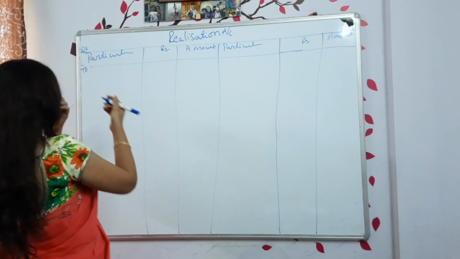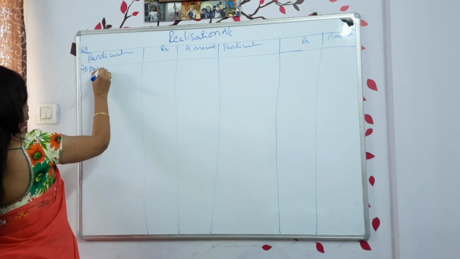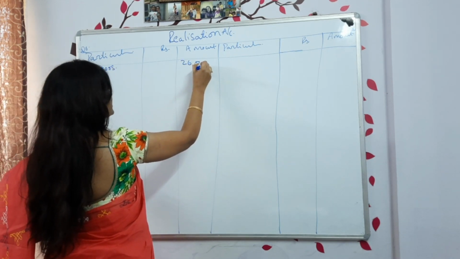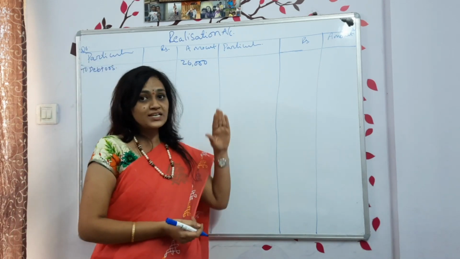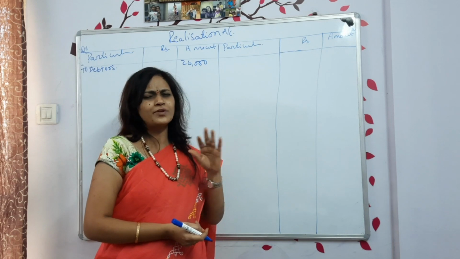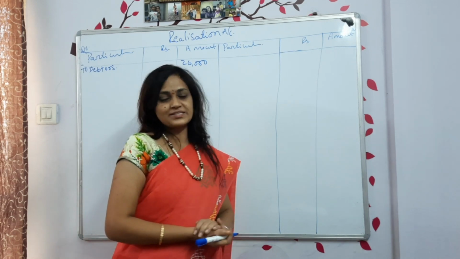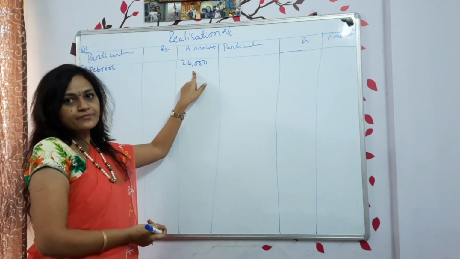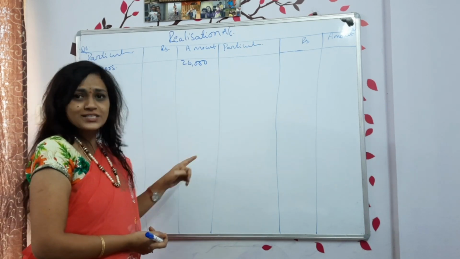I don't want to confuse you so much, so I am writing directly. Realization account only will take longer time; partners' capital and cash account we will finish very fast. So debtors after reducing provision for bad debts is 26,000.